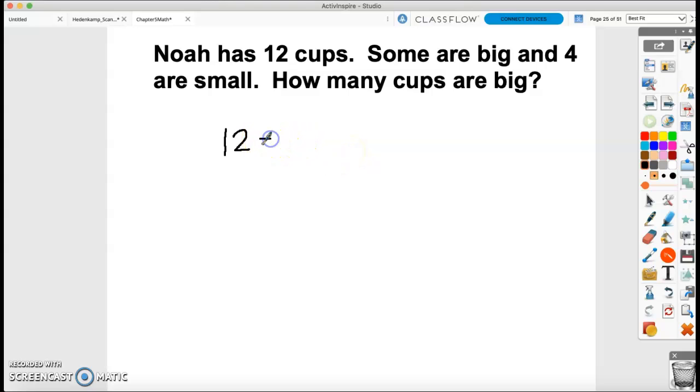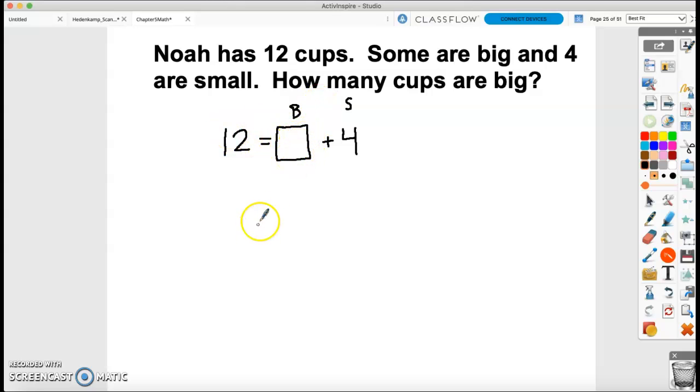So I know if he has 12 cups, that's going to equal some that are big. So I'm going to put a B here for big. So some are big, but we don't know how many some is. And 4 are small. These are the small ones. So we have to figure out what our missing number is.